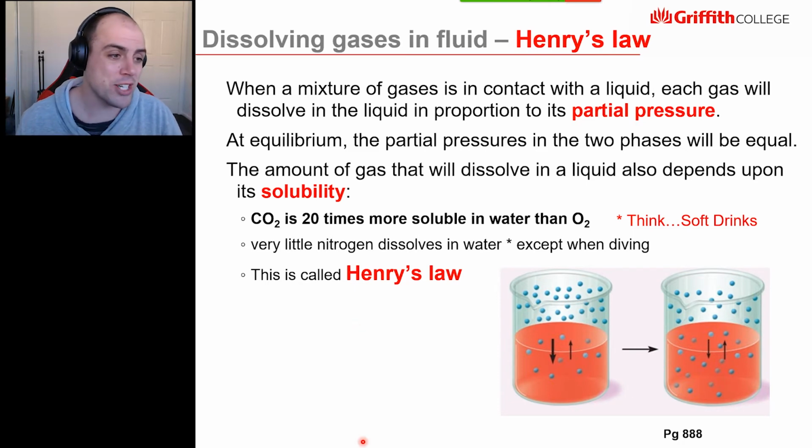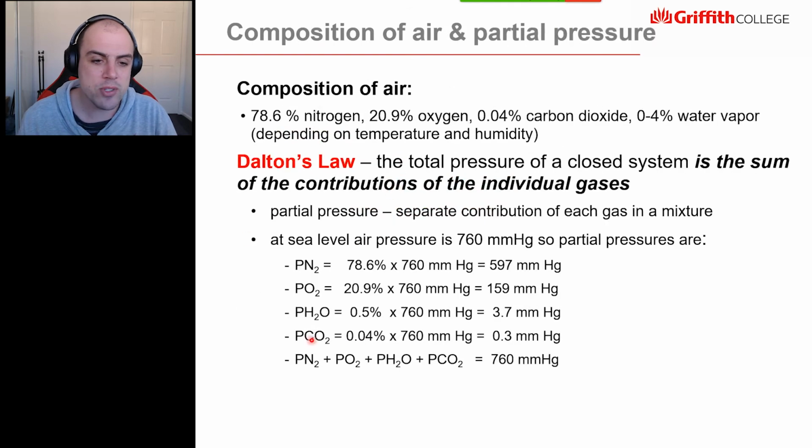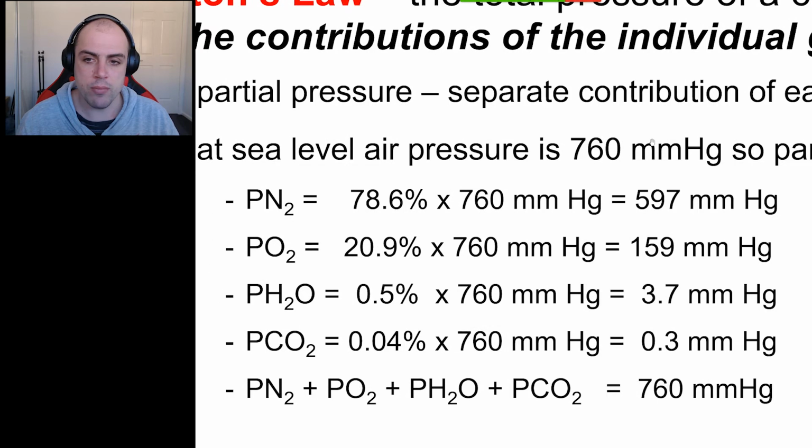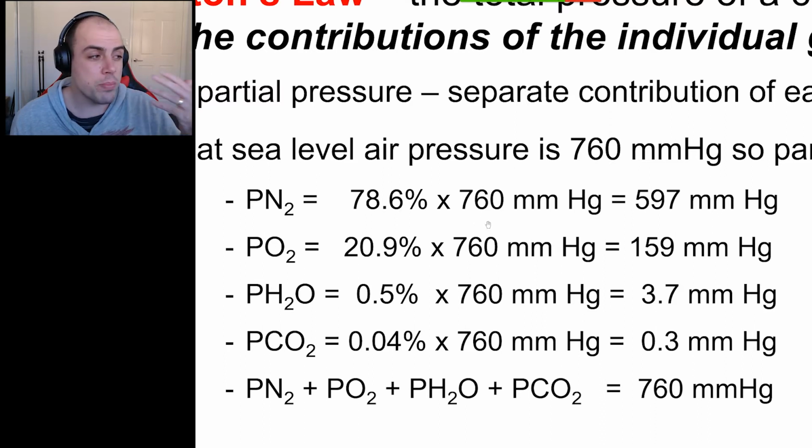What is partial pressure? That's a good question. That's what we were talking about here. So if the pressure of air around me is 760 millimeters of mercury, that pressure is due to the combination of the partial pressure of nitrogen, oxygen, water, and carbon dioxide, just to name a few, to keep it nice and simple.